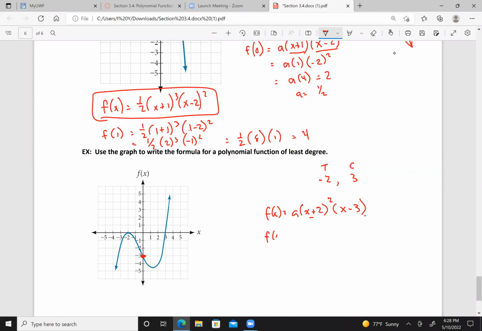So f of 0 equals a times 0 plus 2 squared times 0 minus 3. A times 4 times -3. A times -12. We're looking for 3, so a is 1/4.